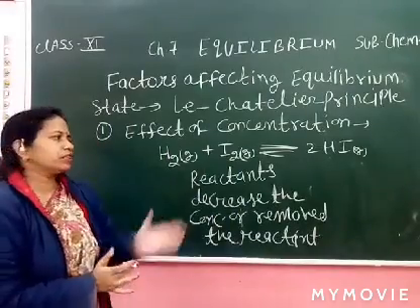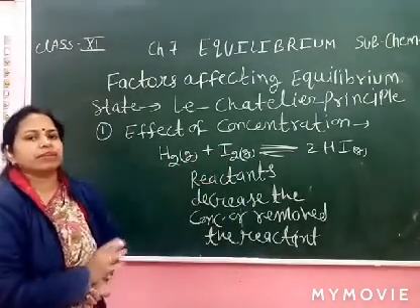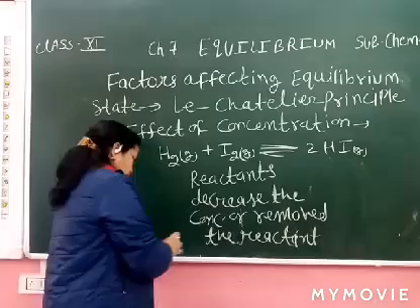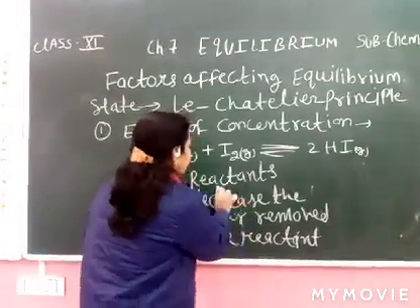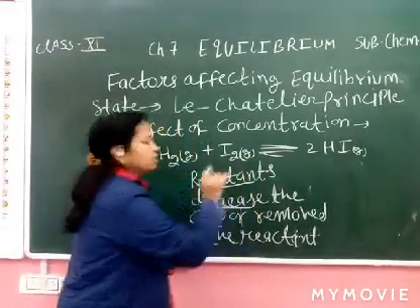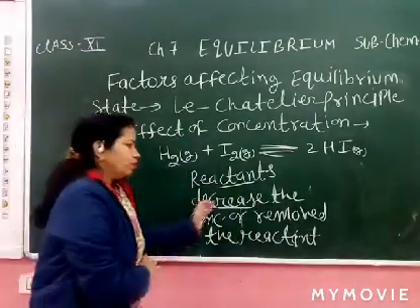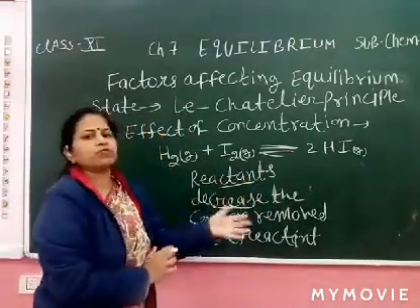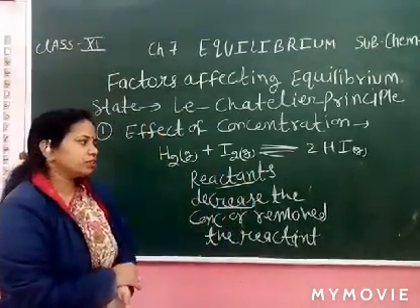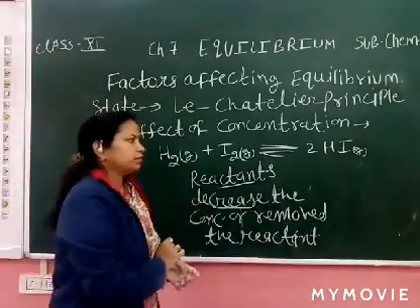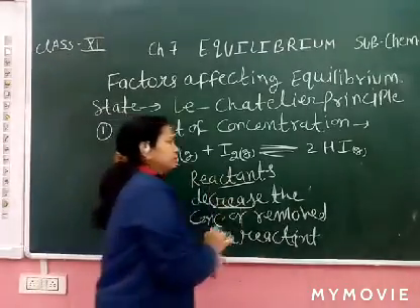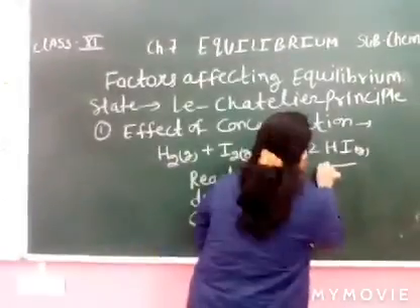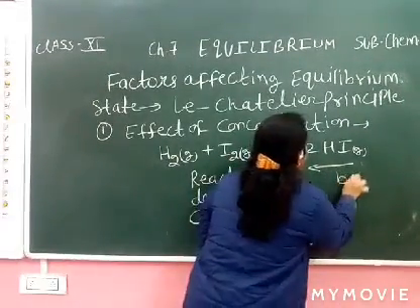How is it possible that the product yield is maximum? Now you can see, when the reactant concentration is decreased, when reactant is removed from the reaction mixture, what happens? Then the direction is backward.